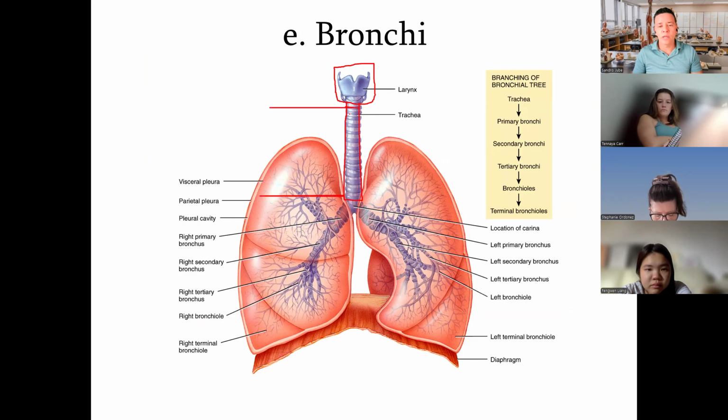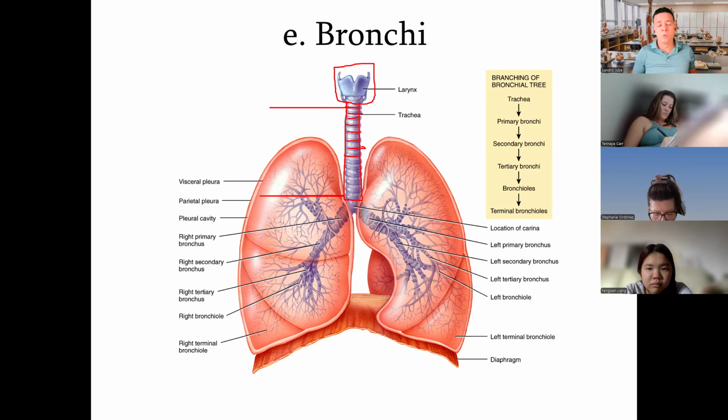And we can see that the trachea is made of all this hyaline cartilage right here, the C-ring structures. What is the function of this hyaline cartilage, folks? The hyaline cartilage keeps the trachea open. That's what allows our trachea to stay open. Because on the walls of the trachea, there are no muscles, which is different from the esophagus.